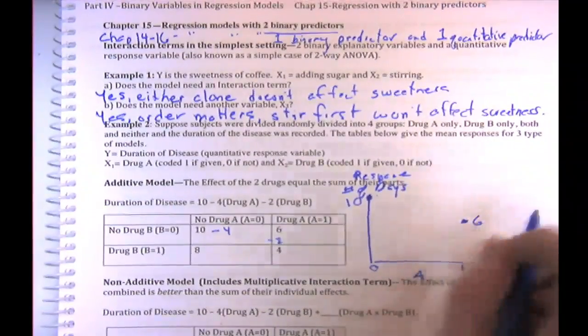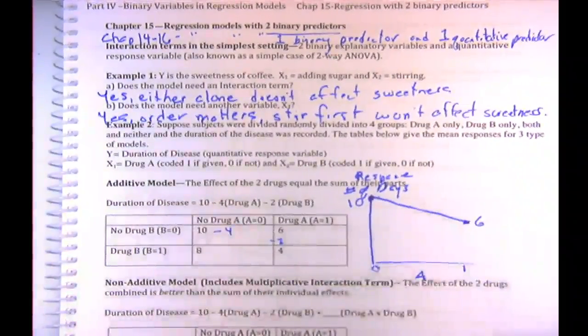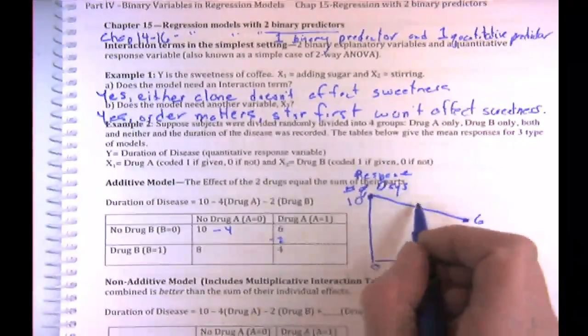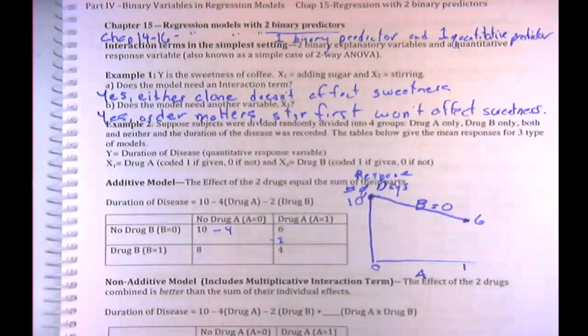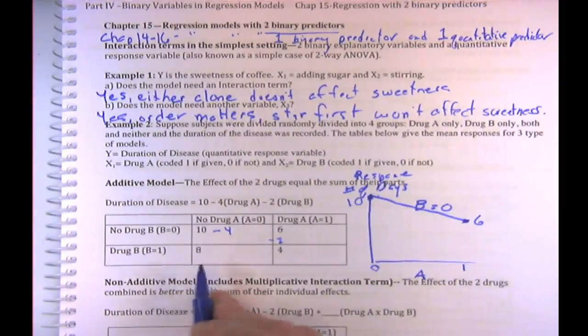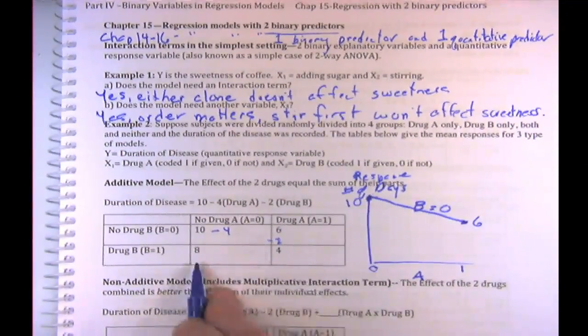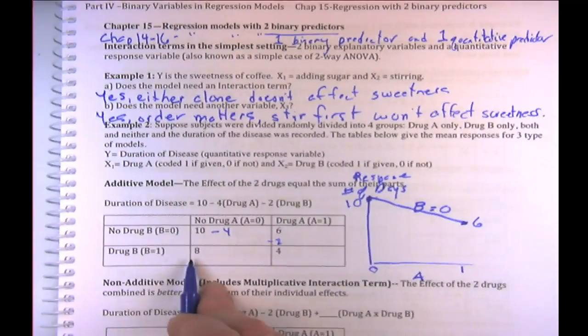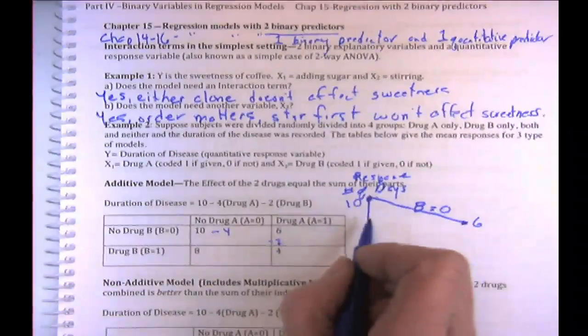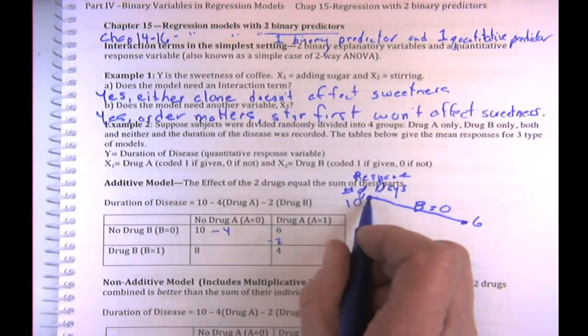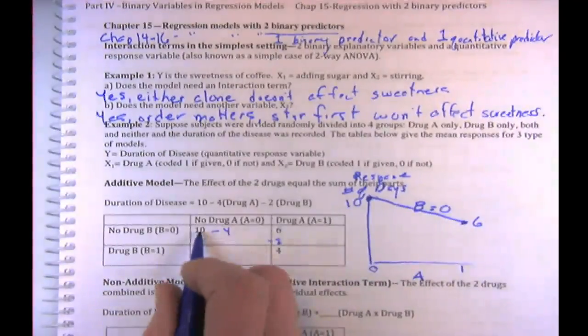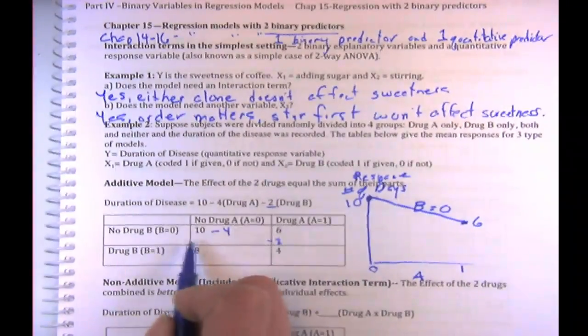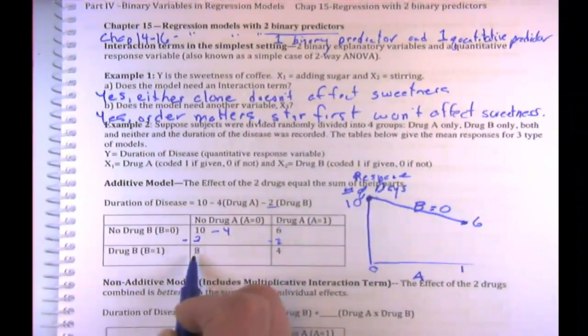Okay? And so you can draw this line and say this is when B equals 0. And now, how about when B equals 1? Well, all right, so here we have no A, but you do have B. And so when B equals 1, we're going to draw another line. Without A, you're right here. So the effect of B right here is that it decreases the number of days by 2.